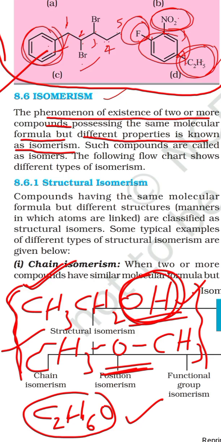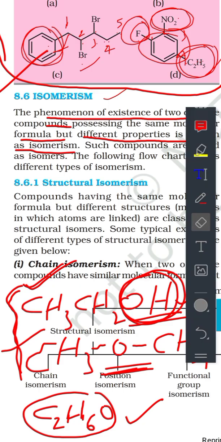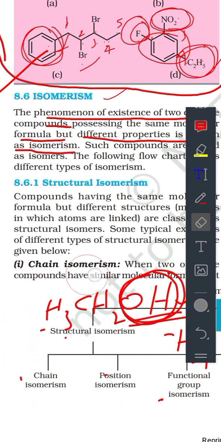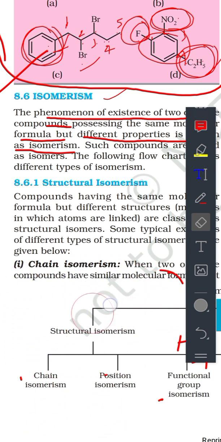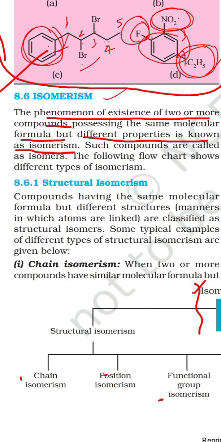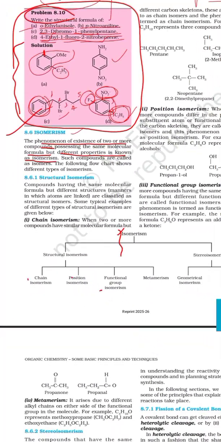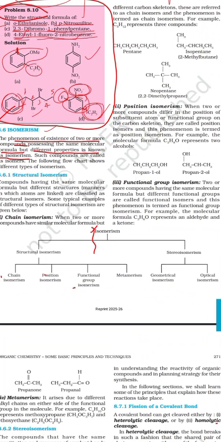Let us see the classification of isomers. Isomerism is of two types: structural isomerism and stereo isomerism.